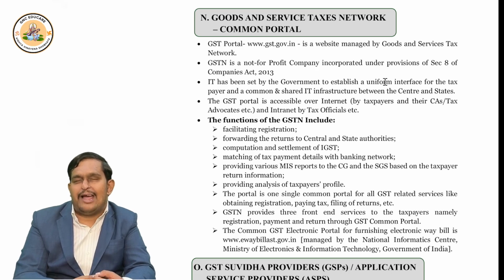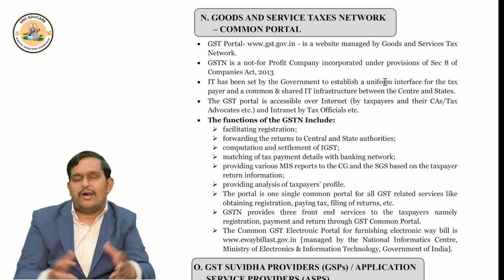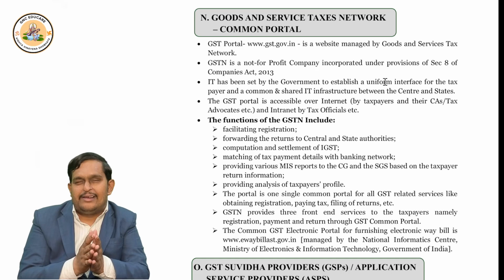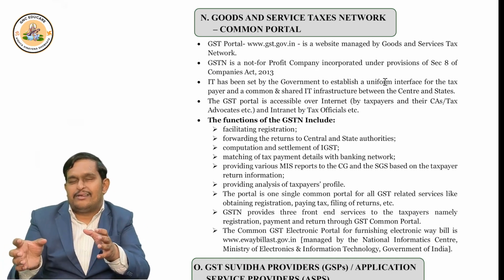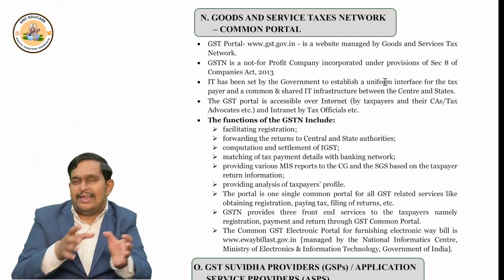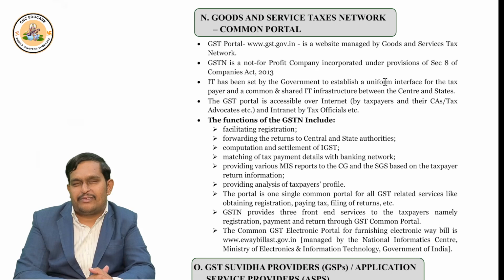Similarly, the banks also have an account and ultimately the taxpayers can also interact. So all these people are on a common platform, right? The central government, the state governments, the banking systems, the taxpayers and their representatives obviously.